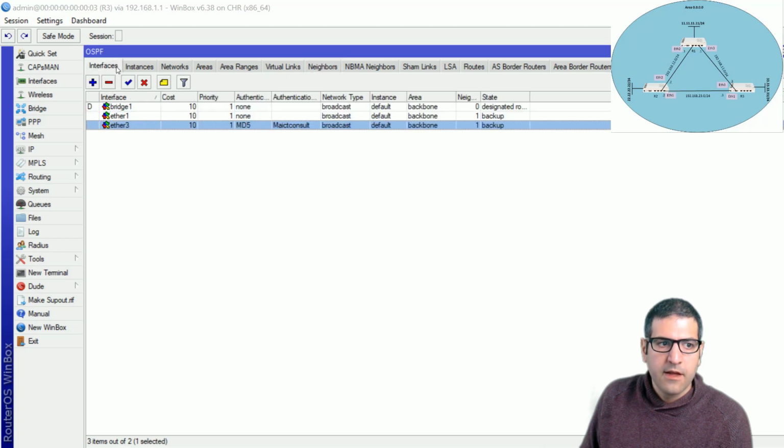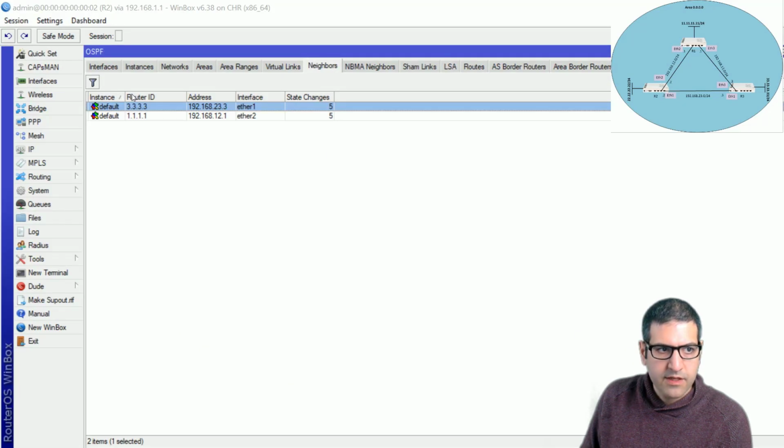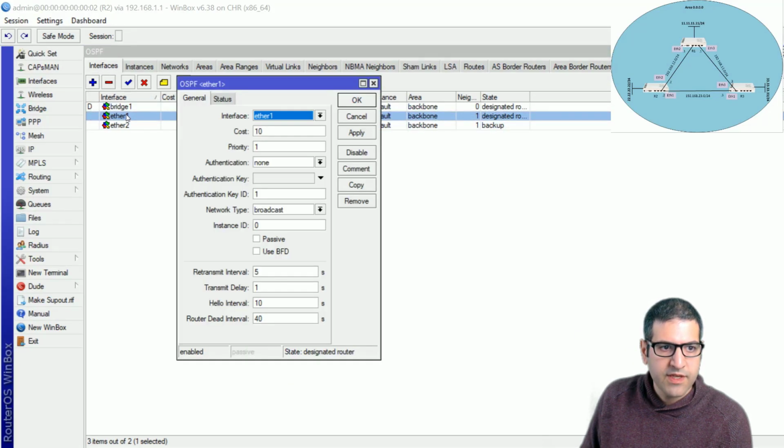Okay, because as we said before, the interface here on router 2 is Ethernet 1, and here is Ethernet 1 also. If I go to router 2 Ethernet 1 interface, by default OSPF on MikroTik, when you enable OSPF, has no authentication. You can see this mode here is the default mode.